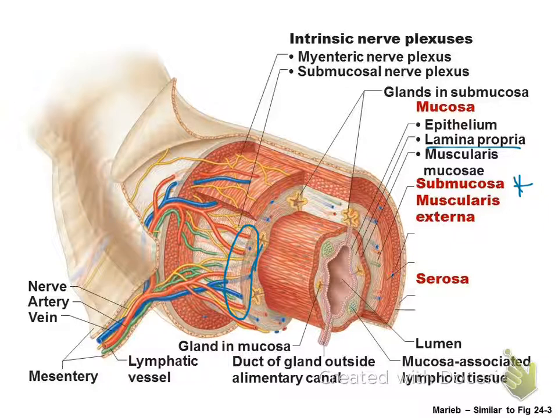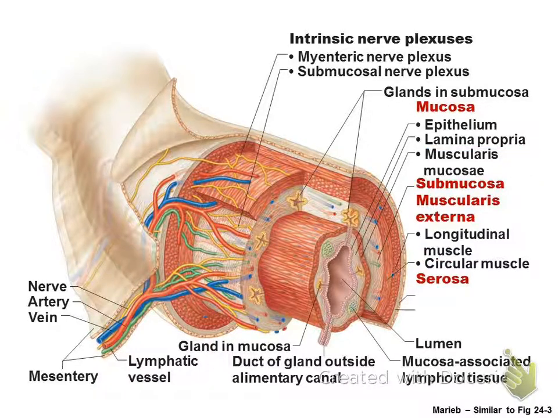Similar deal at the other end of the tube. We'll take a closer look at the two sublayers of the muscularis externa in a minute. For now, make a note that there are two. And of the two, the circular layer is going to be inside of the longitudinal. So longitudinal is closer to the outside of the organ.